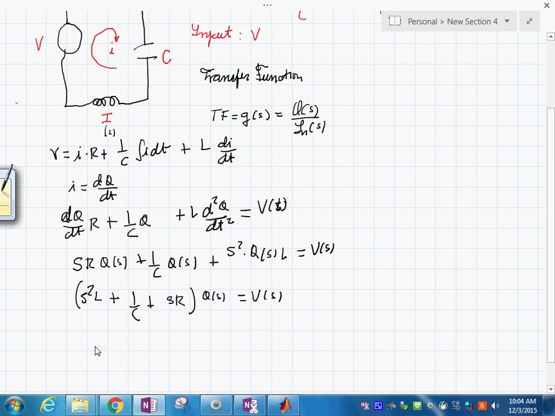So one relationship between the output and the input: isn't it true that Q of S is the input V of S multiplied by 1 over S squared times L plus S times R plus 1 over C?